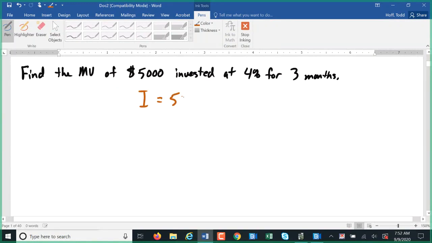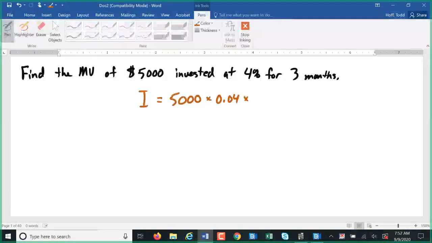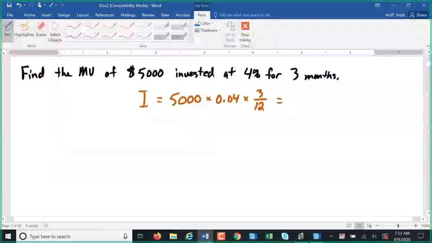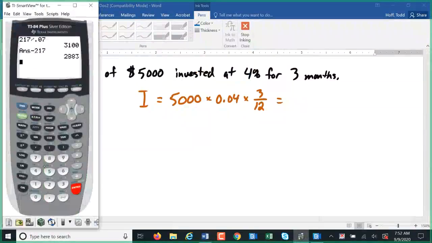Our principal is $5,000. Our rate, 4%, becomes 0.04. Our time, 3 months. Now remember we said the time is always in years. So to express 3 months in years, there's 12 months in a year, so we express that as 3/12. Which I believe comes out to be $50.